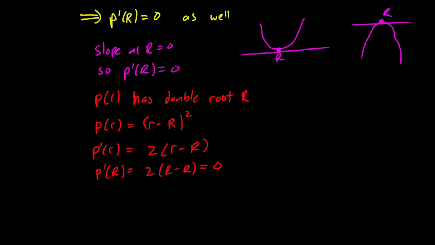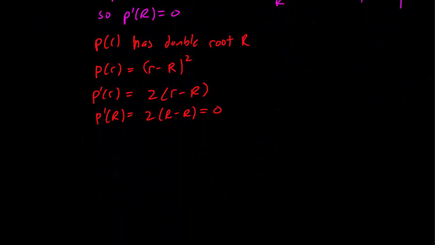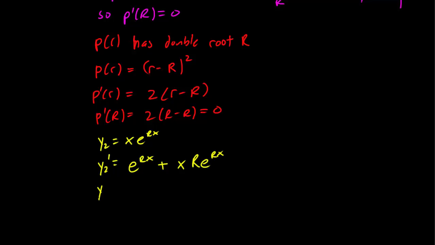So let's see how we can use that fact here. First we want to write down, let y2 be our function, x e^(rx). Let's consider the derivative. We have to use the chain rule here, so we have e^(rx) plus x r e^(rx) using the product rule. And then we use the product rule again to find the second derivative.